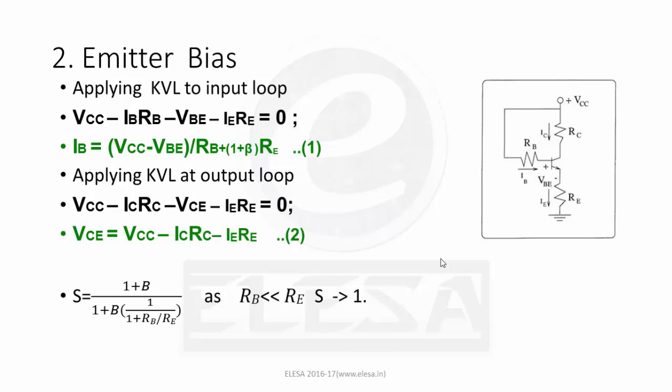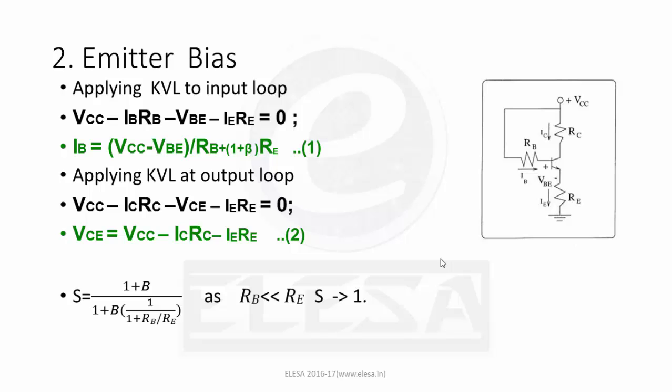If we make RB very much less than RE, then the stability factor goes towards 1. That is, we have very good stability of the circuitry. So for improved stability of the circuit, we have to make RB less than RE.